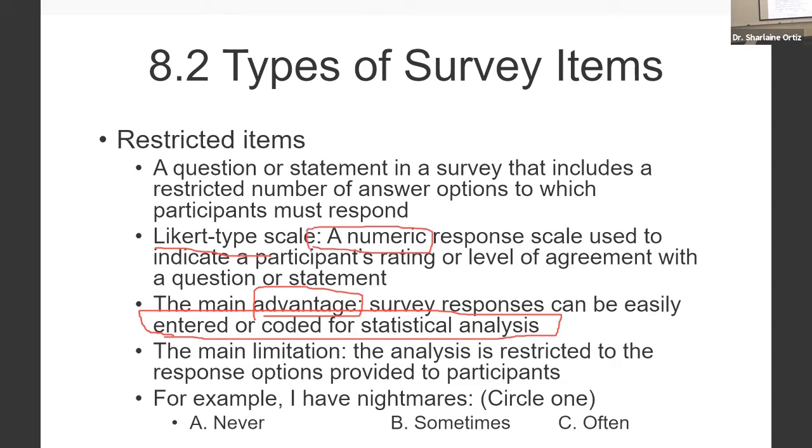So for instance, I can have this example here. I have nightmares, right? I can give this a value of 1, this a value of 2, this a value of 3. And I can later conduct statistical analysis relatively easily because it's already numeric. Whereas with open-ended questions, that's a little bit difficult because now I have to identify themes.